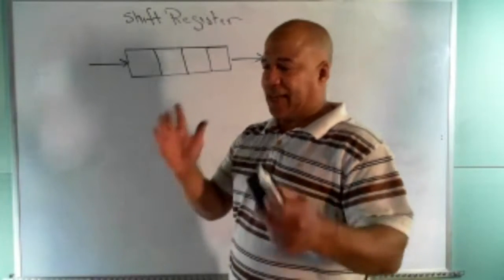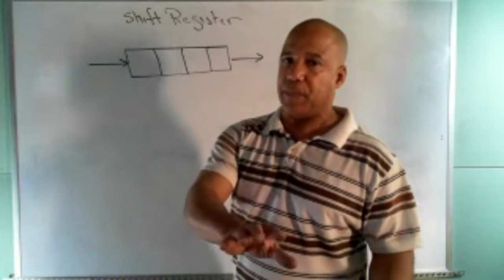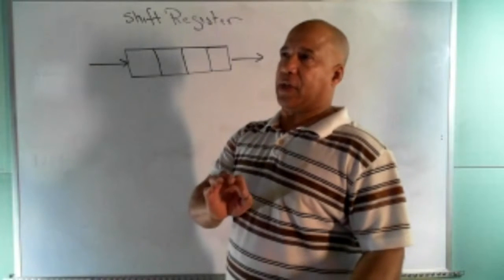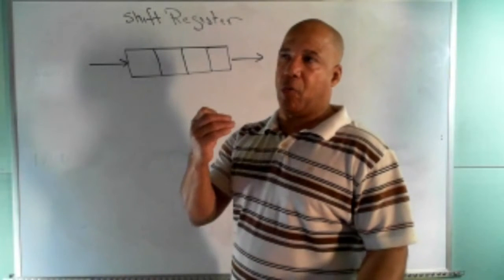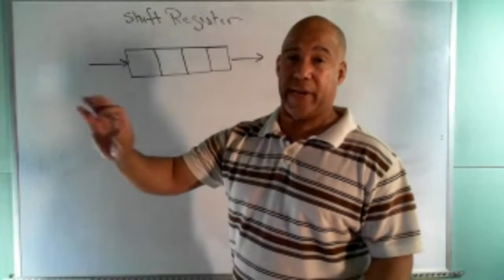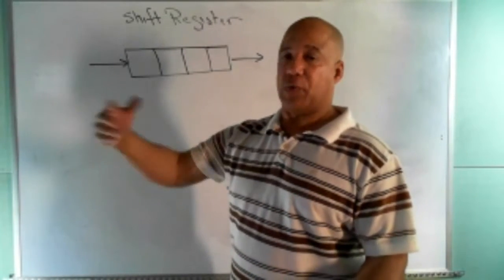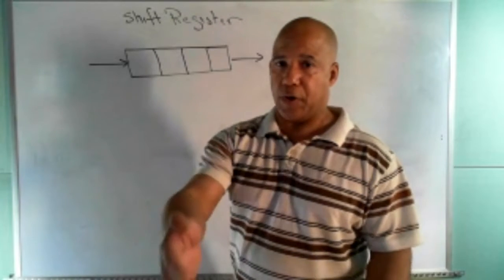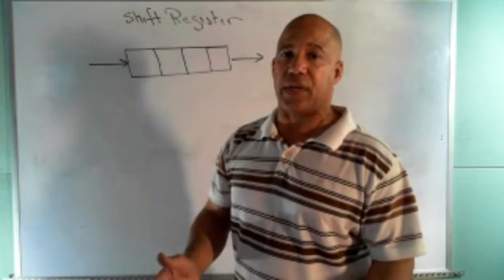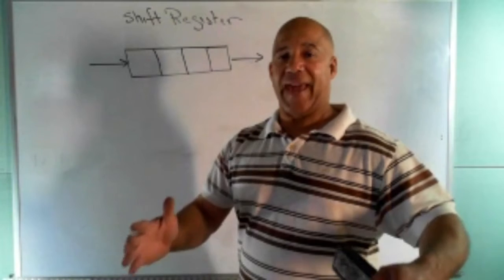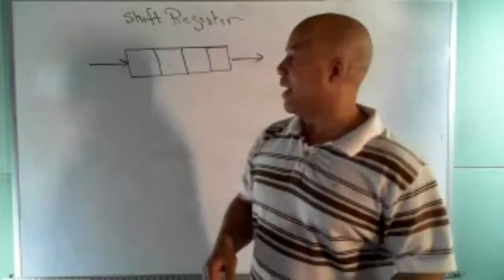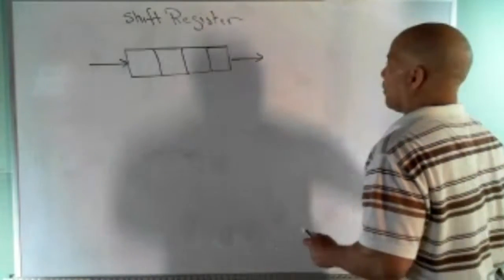You need at least 8 bits to make sense out of stuff, unless you're using a PLC. The PLC is the only digital device I'm aware of that is bit oriented. With a PLC, a 1 or a 0 could mean a switch is open or closed, but in your computer, cell phone, or whatever device you're using, they group it into groups of 8 bits called a byte, and we'll talk about bytes next week, so don't worry about that right now.